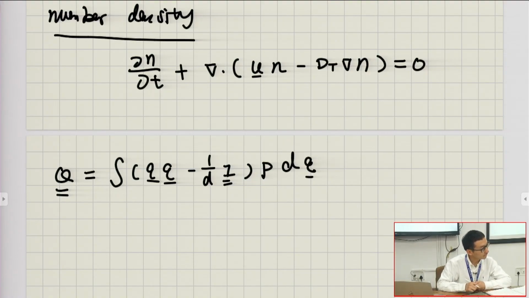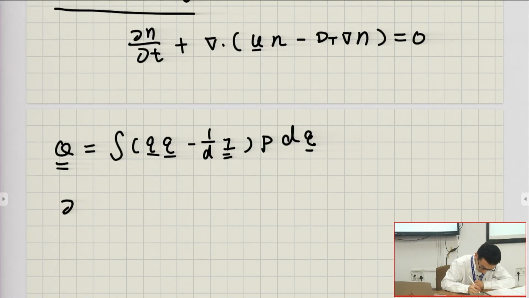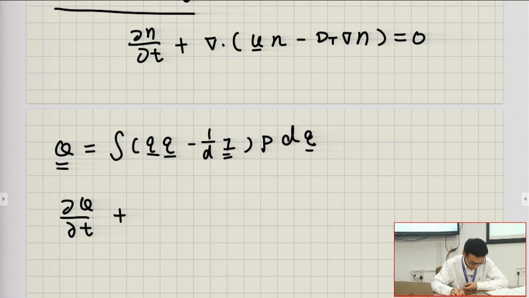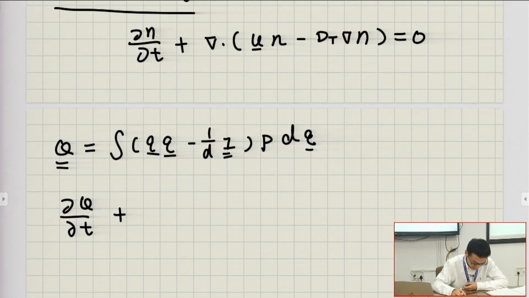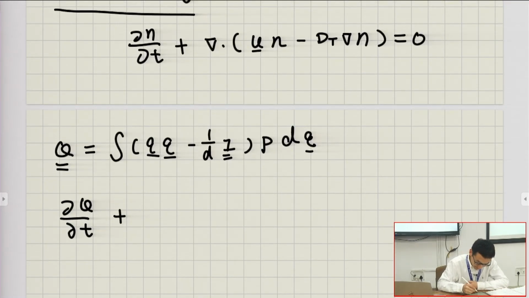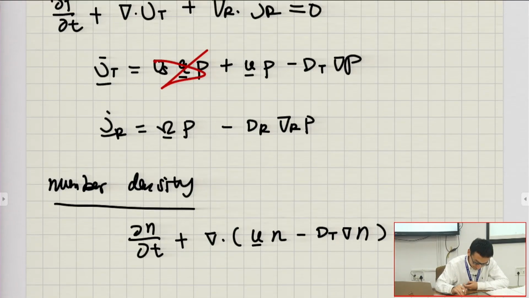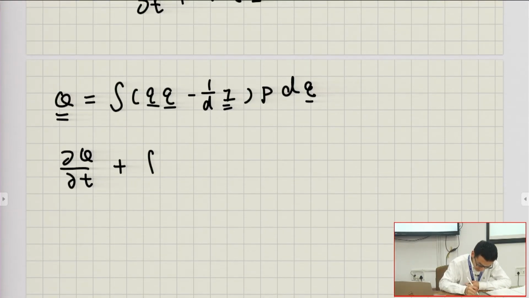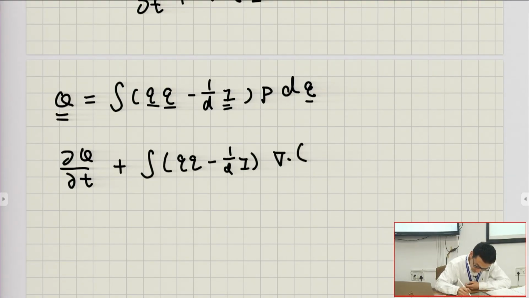We're not going to do the calculation per se, but let's look at the structure here. That's the first term. And the second term is integrating QQ times the divergence of the flux, which is UP minus DT grad P, dq.